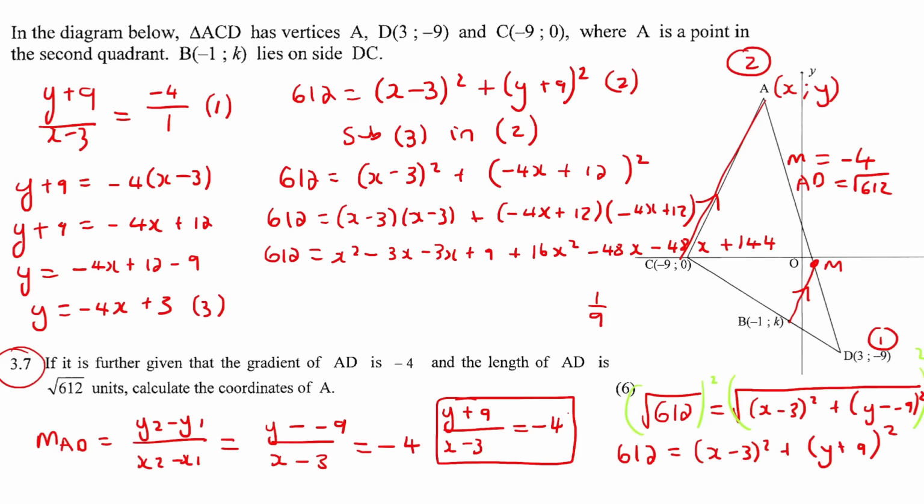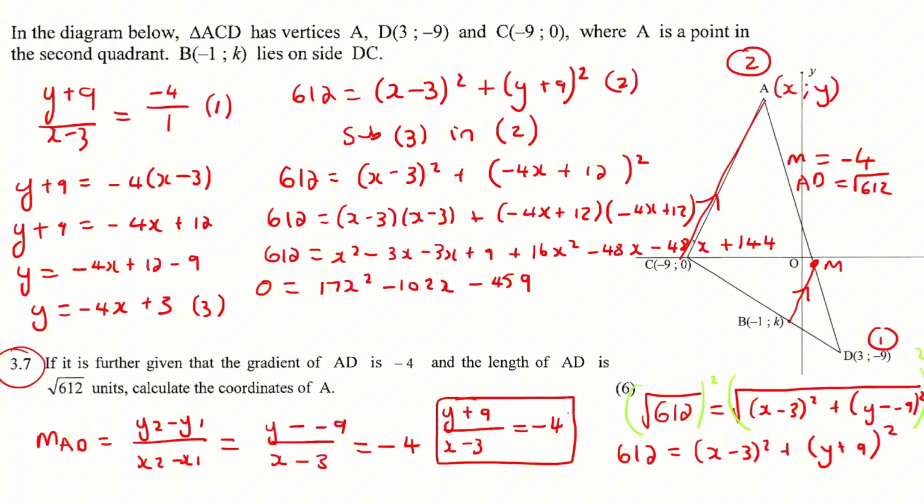Okay, and now we're just going to simplify, so I'm going to take everything to the right, so we're going to have 17x squared from these two, so we've used those now, and then for the x's you're going to have minus 3, which is minus 6, minus 48, which is minus 54, and then minus another 48. It's going to be minus 102x. And then for all the numbers, we've got 9 plus 144 minus 612, and that's minus 459.